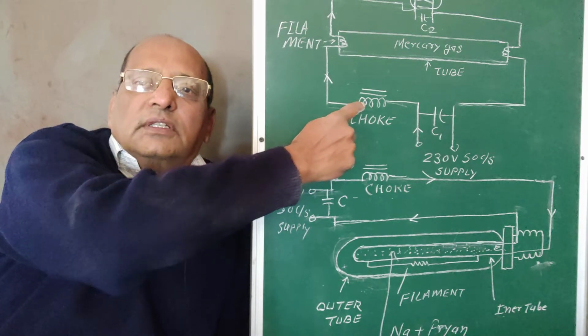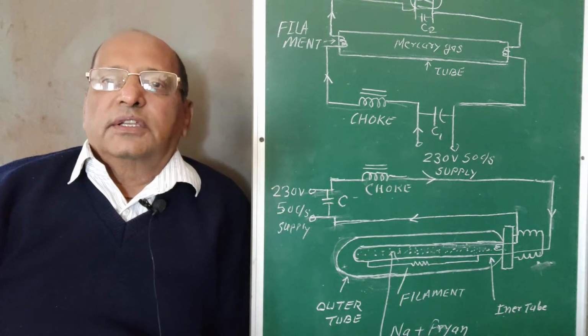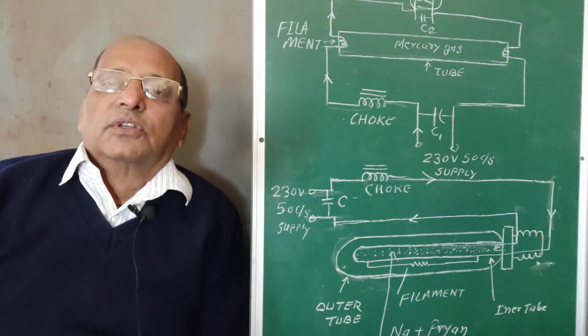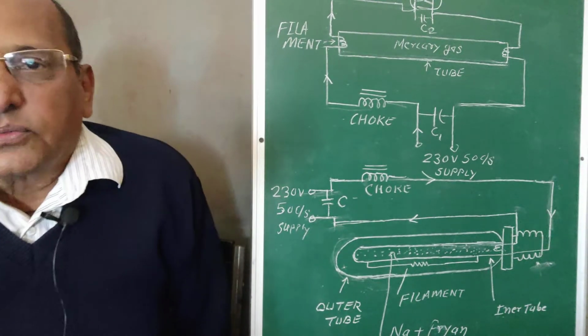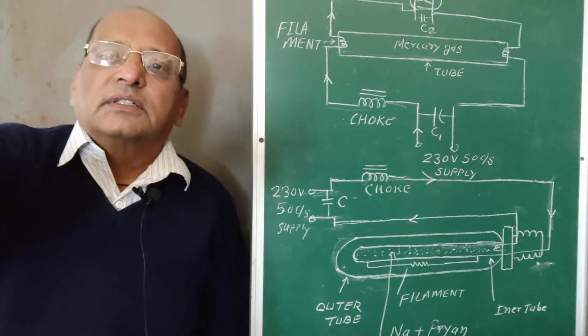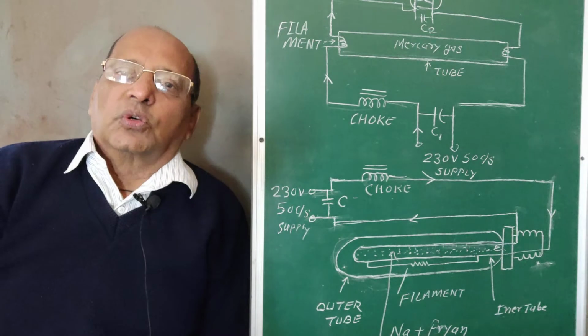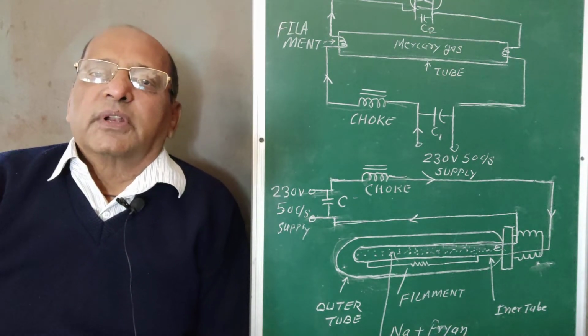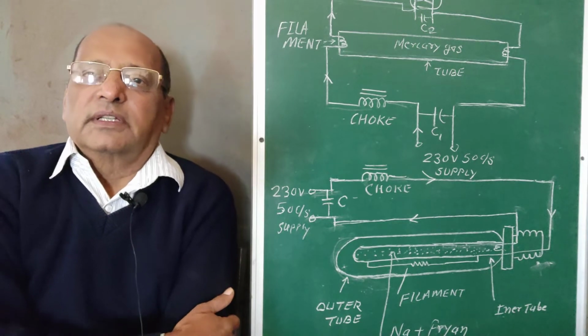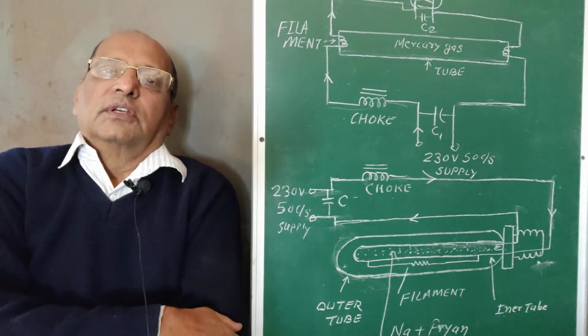The operating voltage of this choke is 180 volt while the supply voltage is 230 volts. So naturally the excess voltage of about 50 to 60 volts drops in this choke.